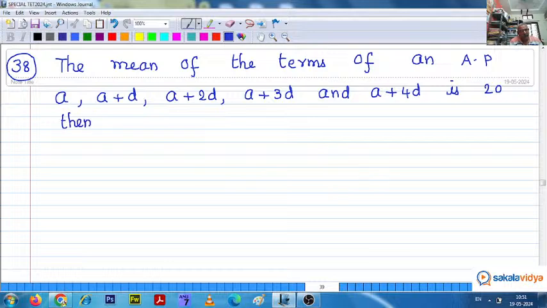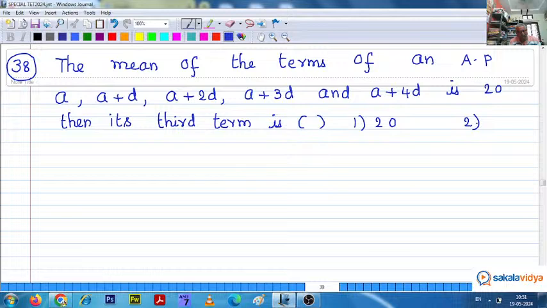Then its third term is: first option 20, second option 10, third option 30, fourth option 40.